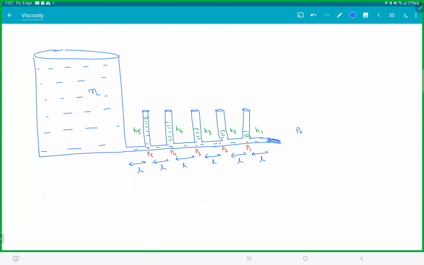The volume flow per second is P5 minus P naught, the total difference, and the length will be 1, 2, 3, 4, 5, so 8 eta 5L by pi r power 4, which is the same as P4 minus P naught by 8 eta 4L by pi r power 4. So on, I can write this thing as P1 minus P naught by 8 eta L by pi r power 4.